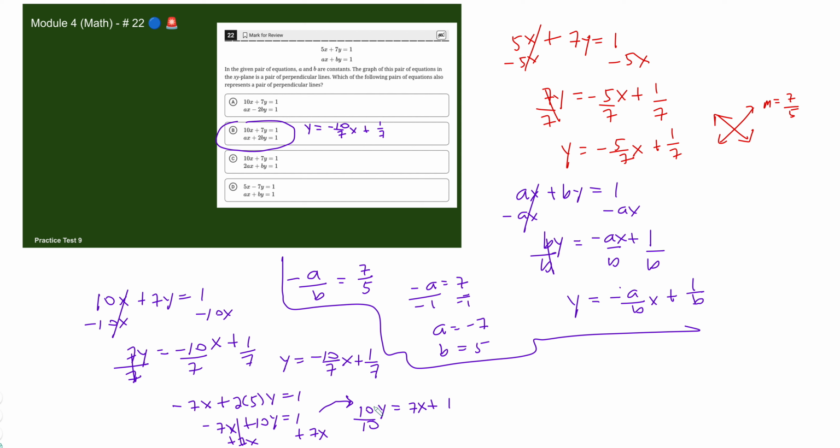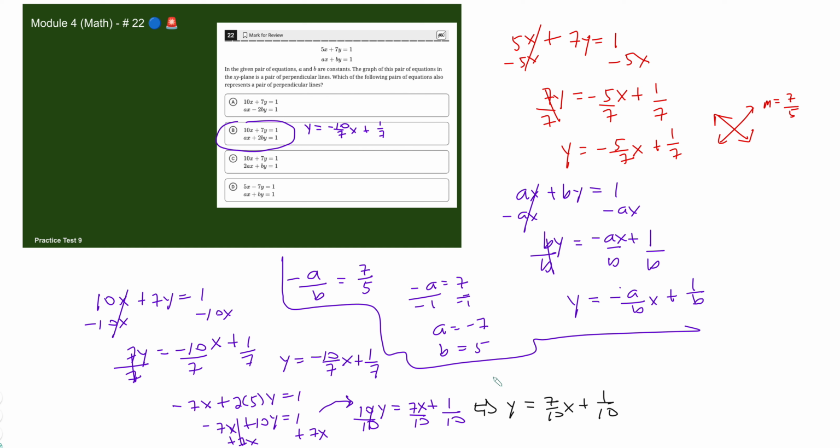Divided by 10, that gives us y equals 7/10x plus 1/10.